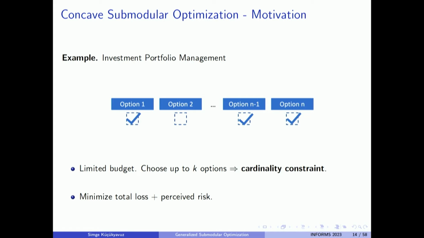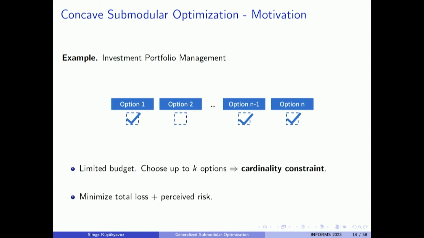So how does this appear in portfolio management? This is a very simplified and perhaps unrealistic version, and then I'll come to the more realistic version. We have multiple options for our financial portfolio to choose from in terms of stocks, and we don't want to invest a little bit in many stocks, so we have to keep a sparse portfolio.